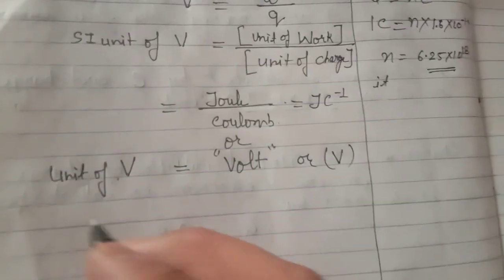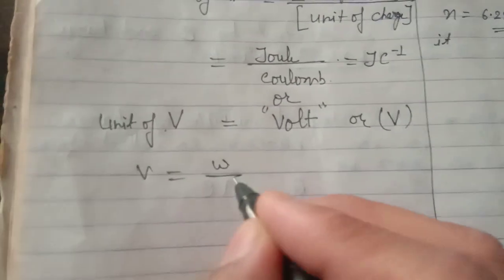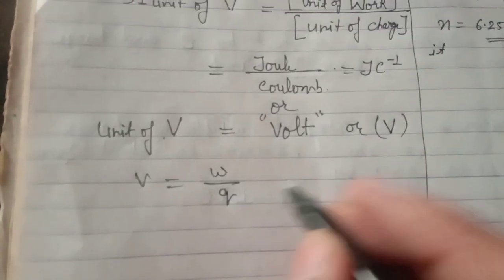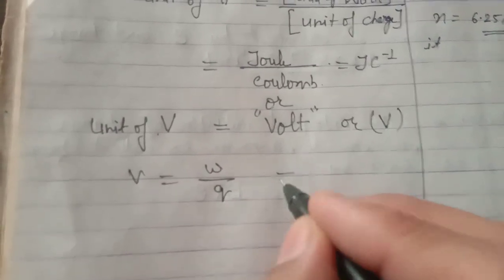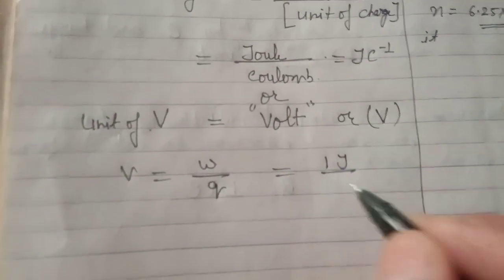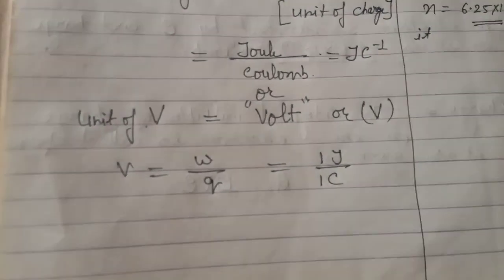What is 1 volt? Here V is equal to W upon Q, that is 1 joule upon 1 coulomb.